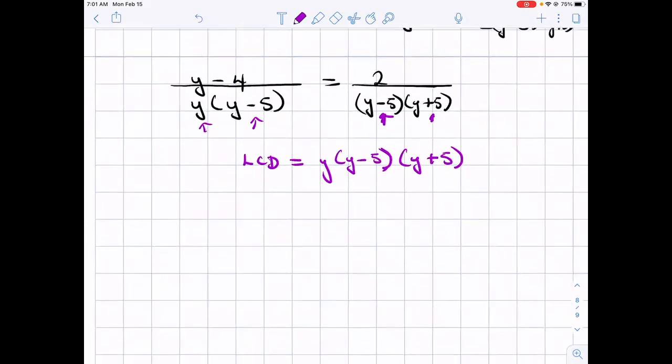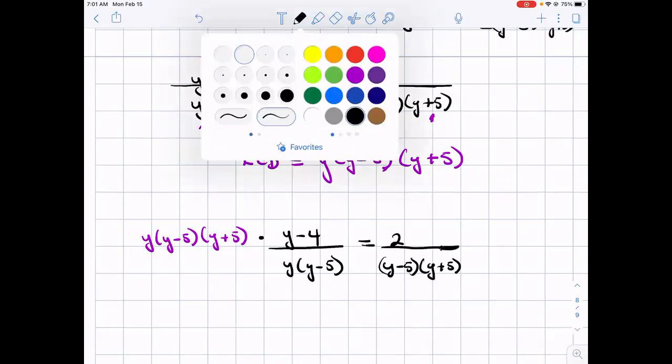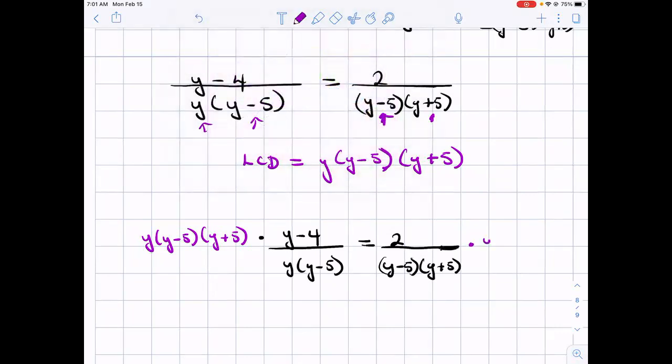So we'll multiply y times y minus 5 times y plus 5 by y minus 4 over y times y minus 5. That is equal to 2 over y minus 5 times y plus 5, and I'm going to multiply that term also by the common denominator, which is y times y minus 5 times y plus 5.